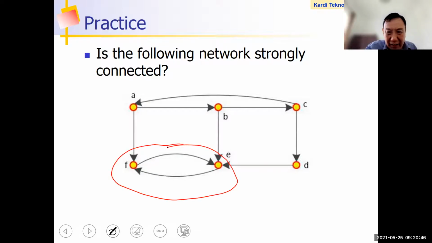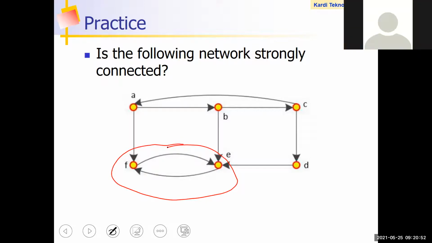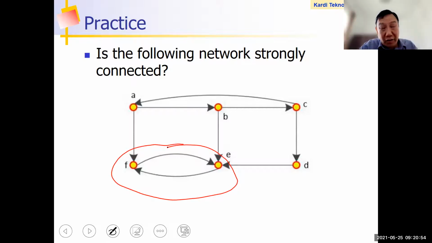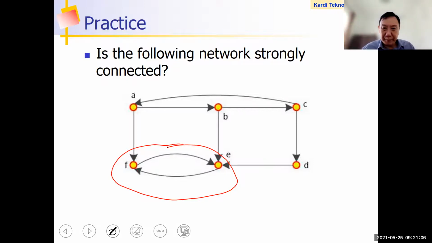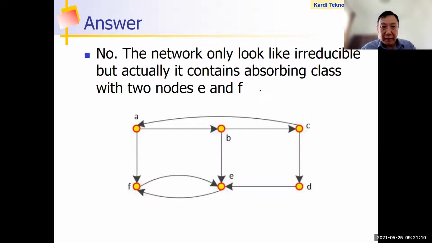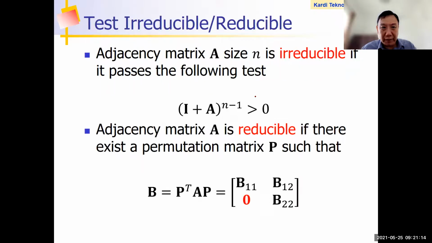But from F and E, can you go to A? No. That is a weakly connected network, right? So F and E is a sink component, right? So this is weakly connected. So this is the absorbing class.